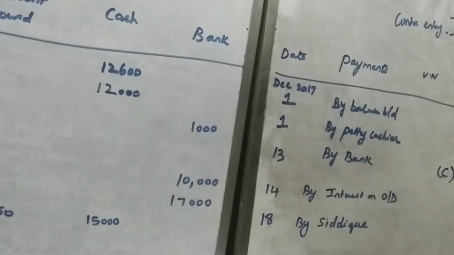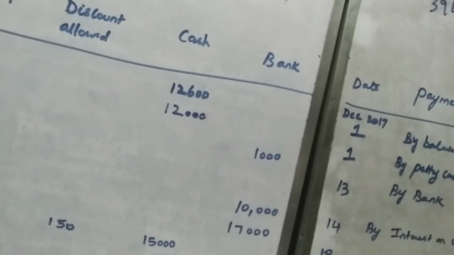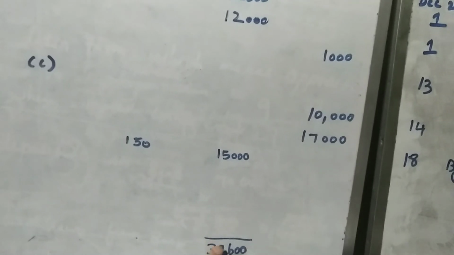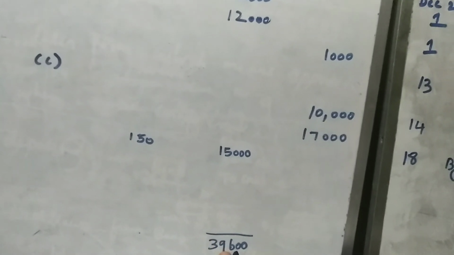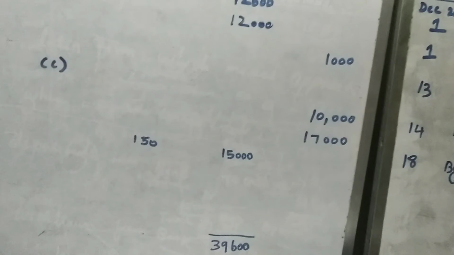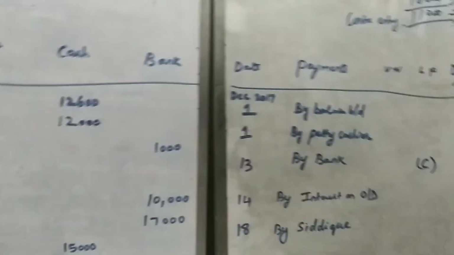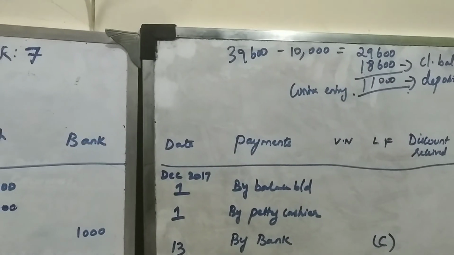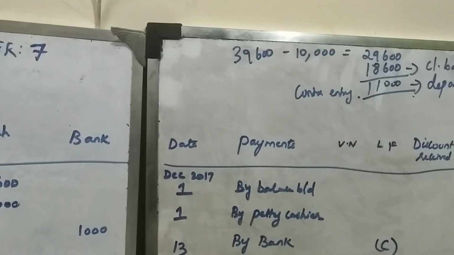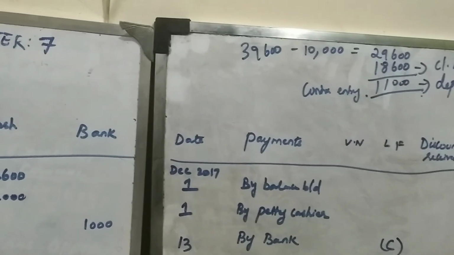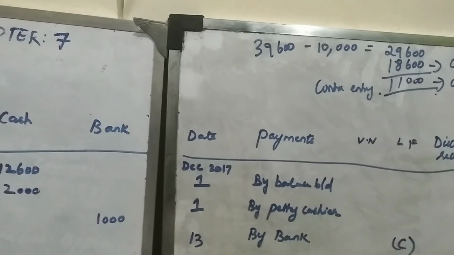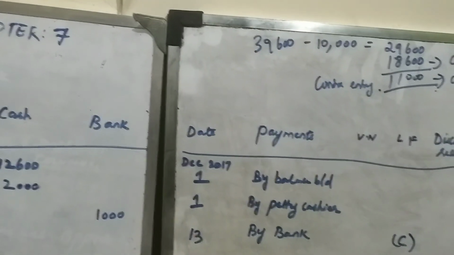So we are just having a working note in a rough column. Till now we have put only the total of the receipt side cash 39,600. On this side you have only 10,000, so remaining is 29,600. As per the question, you are going to maintain only 18,600 as the closing balance of cash. The remaining 11,000 will be deposited into bank.